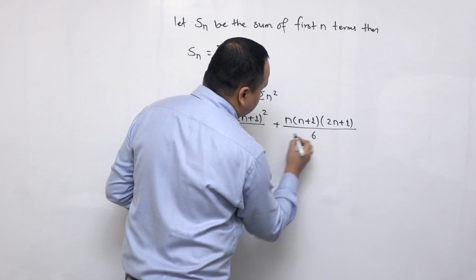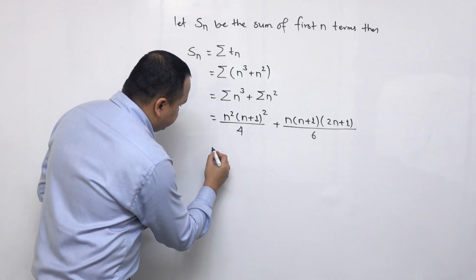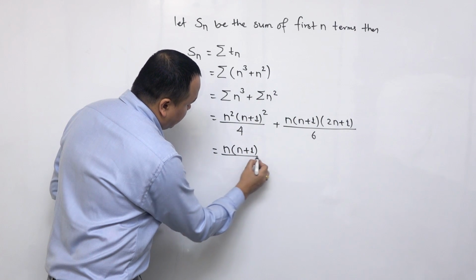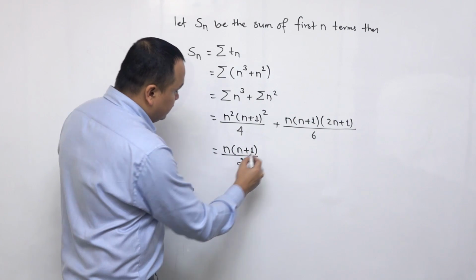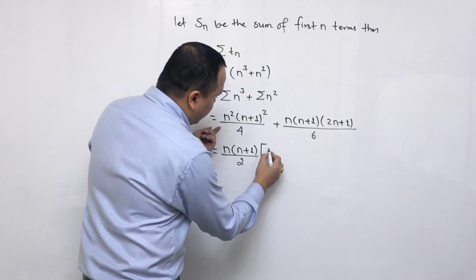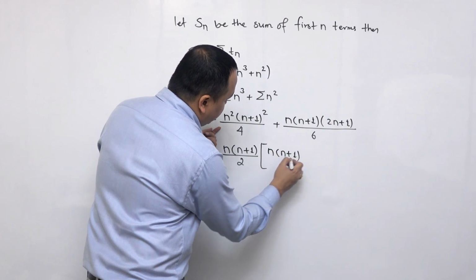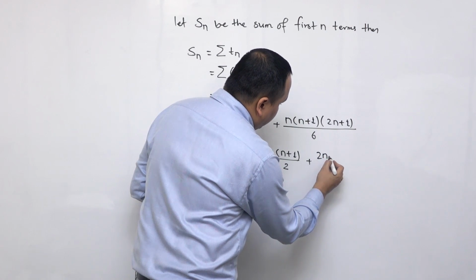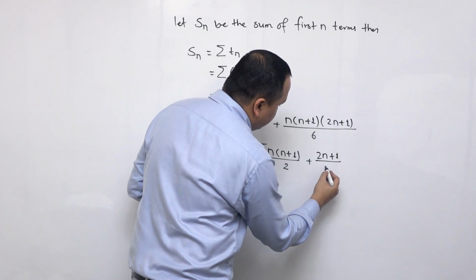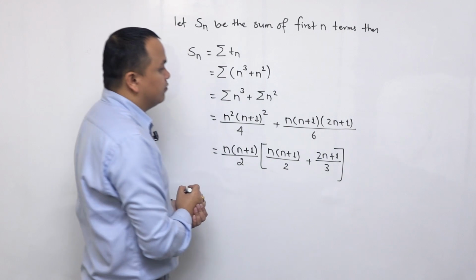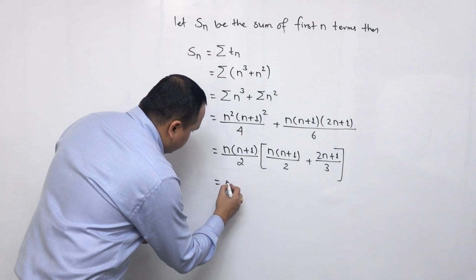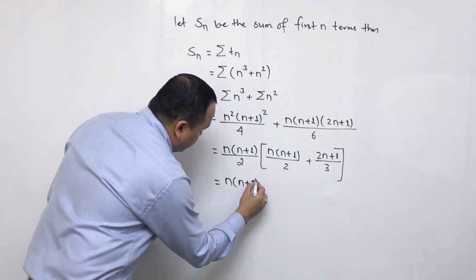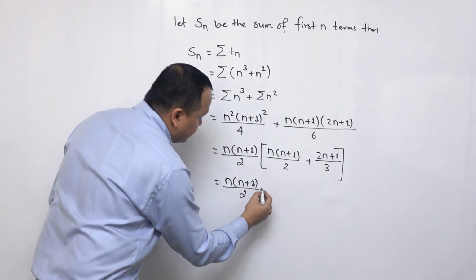Here n times n plus 1 divided by 2 is common, then remaining n times n plus 1 divided by 2 plus here 2n plus 1 divided by 3, and this is n times n plus 1 divided by 2.